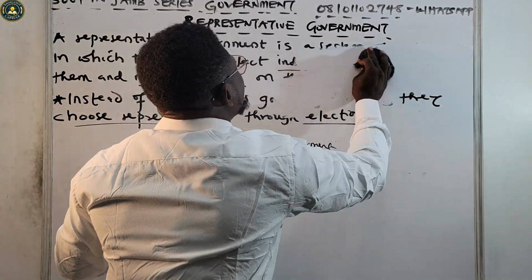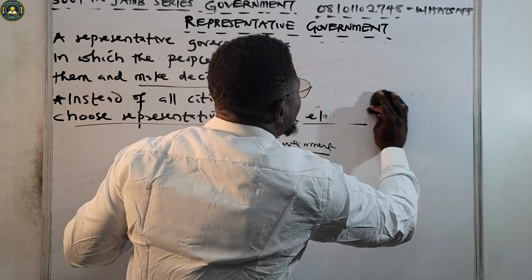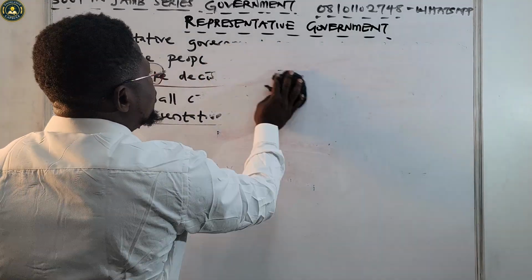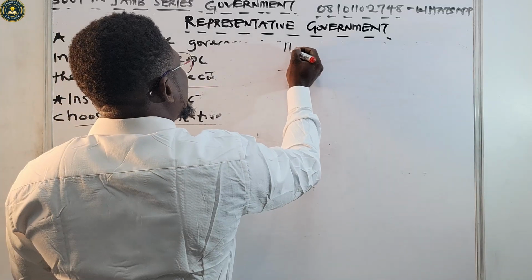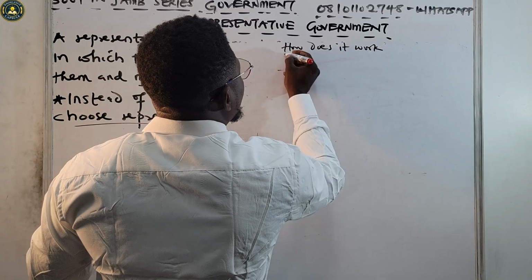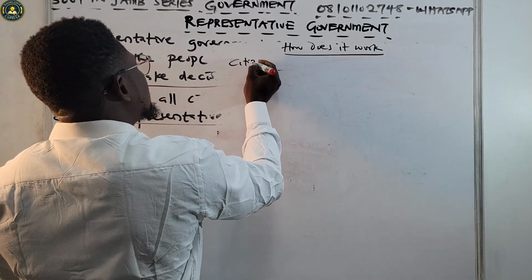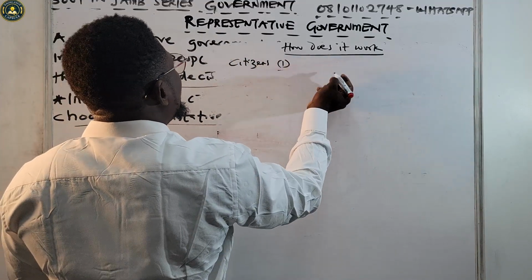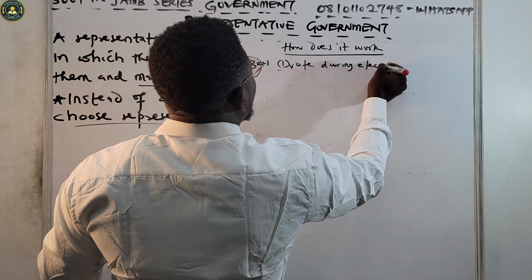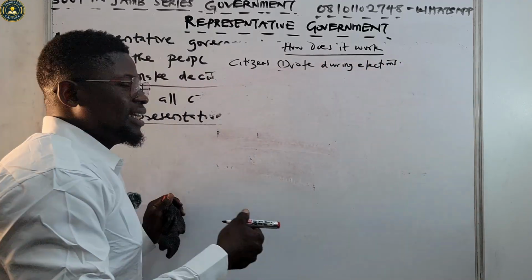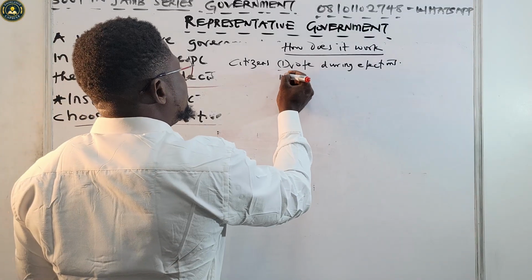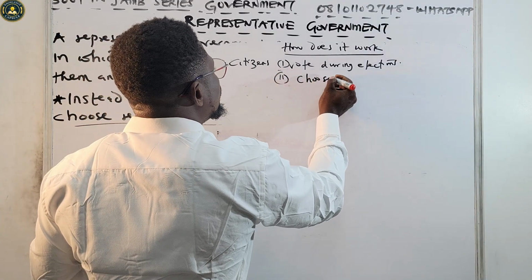Number one, citizens queue up and vote during elections. So when they vote, the person that polled the highest number of votes will become the representative. So the citizens will choose their representatives.